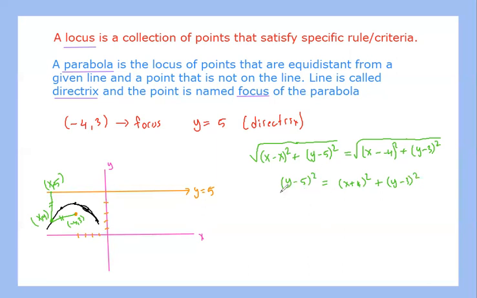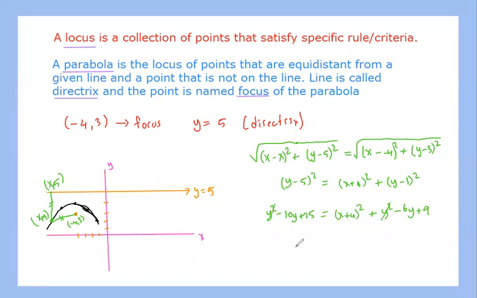So (y minus 5) squared. I can expand this by the square of a binomial, which will be y squared minus 10y plus 25. If you are struggling with this, just write y minus 5 twice and multiply them. And this equals (x plus 4) to the second power, plus the same reasoning here: y squared minus 6y plus 9.